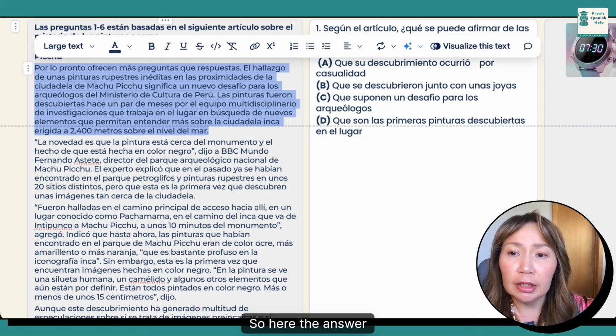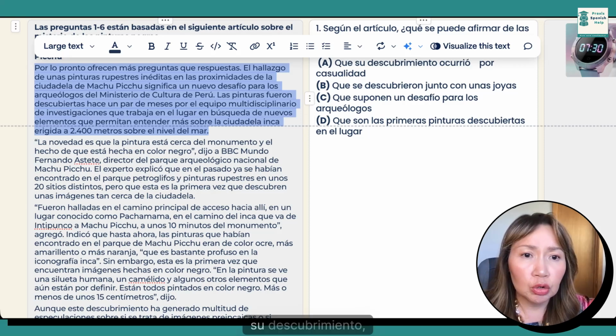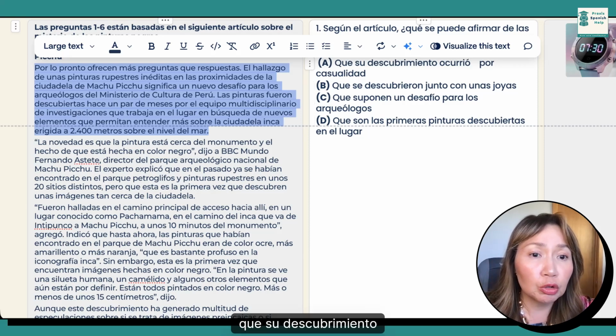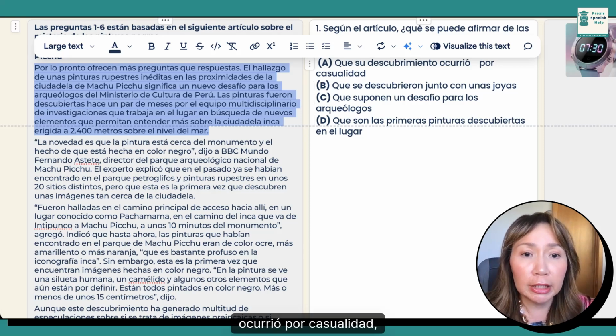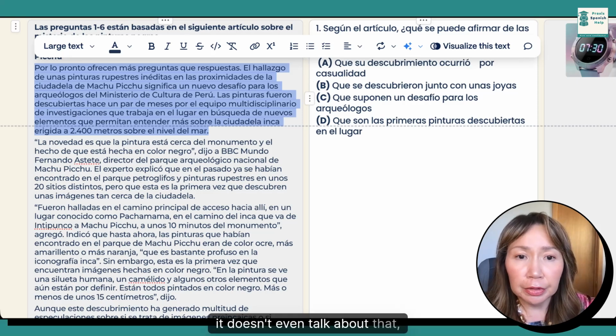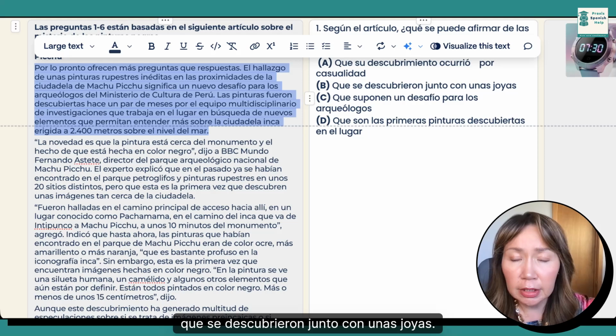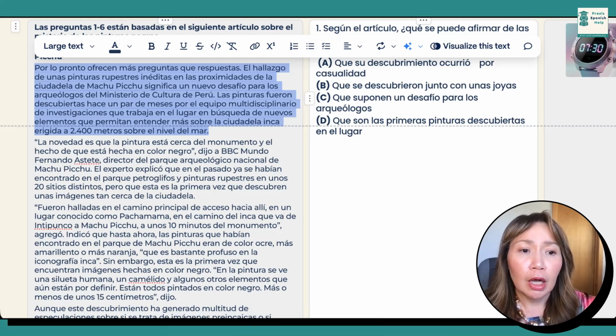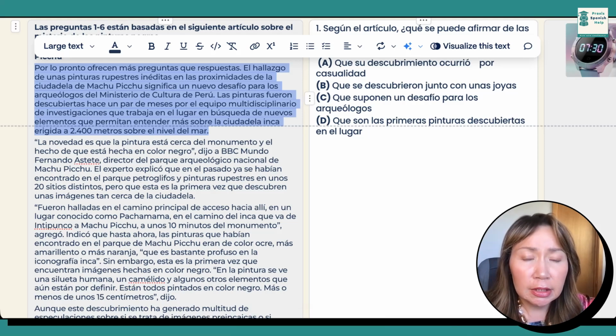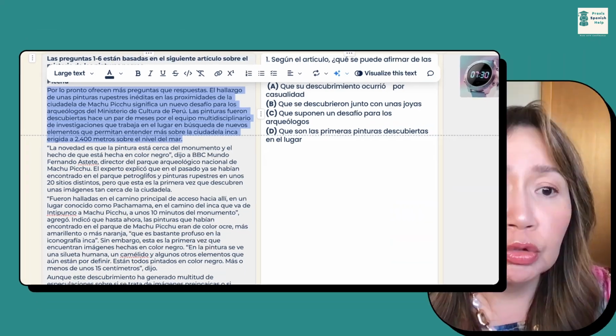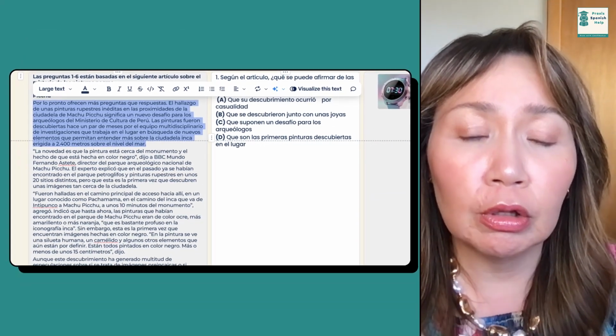So here are the answers. Que su descubrimiento ocurrió por casualidad. It doesn't even talk about that. Que se descubrieron junto con unas joyas. It doesn't talk about any jewelry findings. Que suponen un desafío para los arqueólogos.